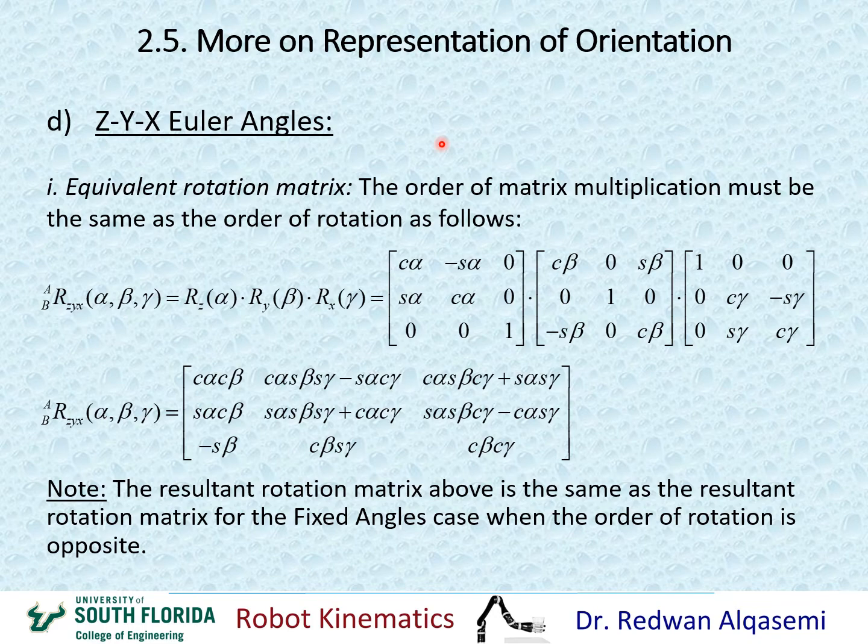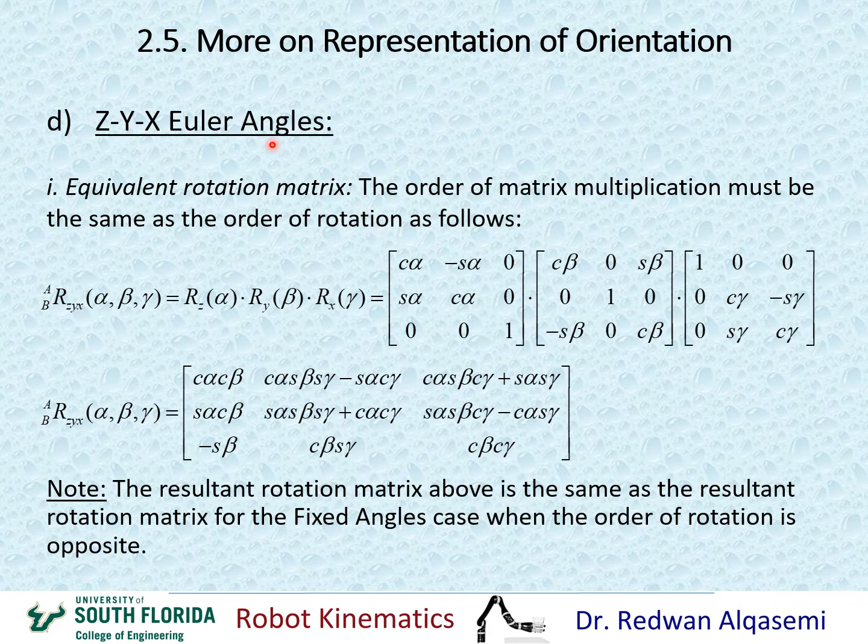If we have, for example, rotation first about y, then about z, then about y again, then about x, for however many rotations that you have, what's important to recall is that if you have these rotations happening in the fixed angle convention, which is the previous method, you always have to make sure that when you multiply these corresponding rotation matrices to find the equivalent rotation matrix, the order of multiplication has to be the opposite of the order of rotation.